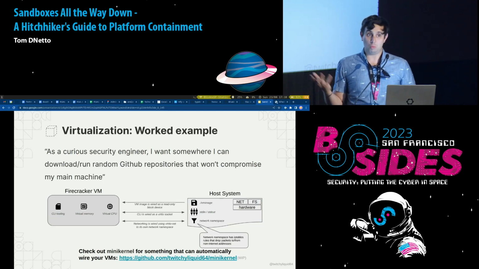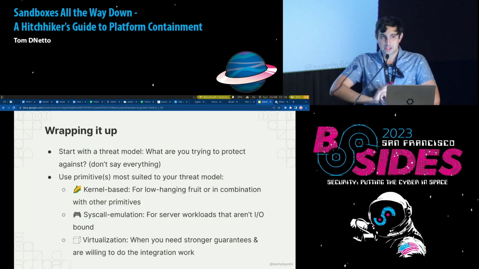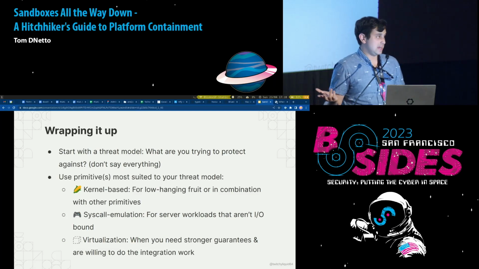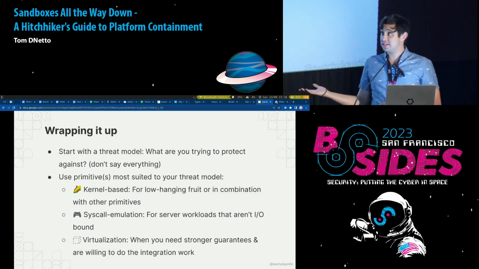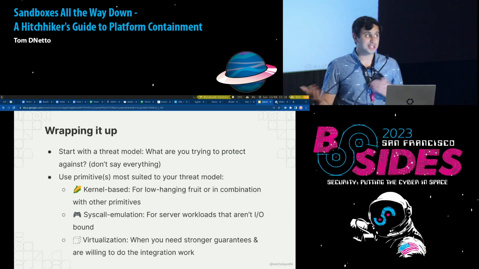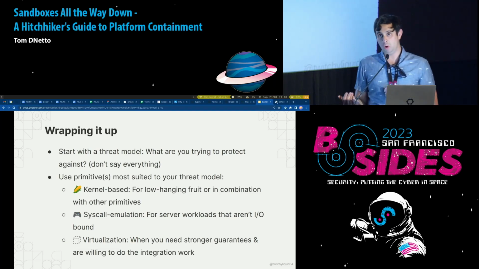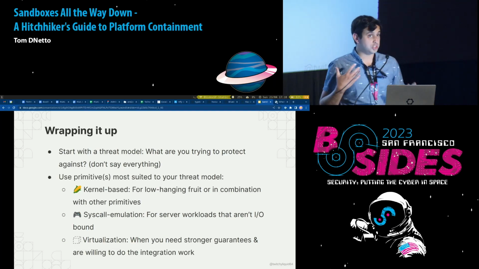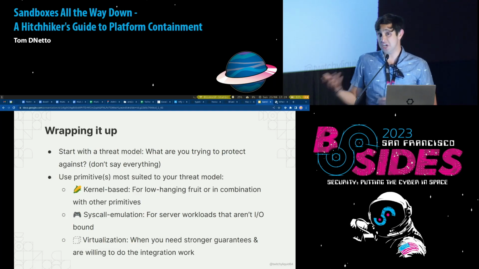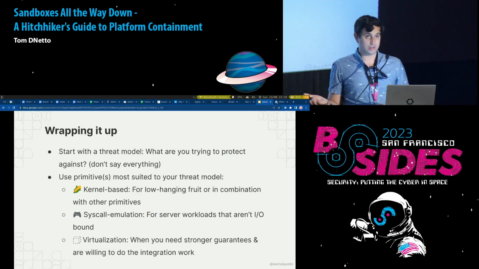But yes, this is one of the harder parts of using VMs. So let's put it all together. We have three main techniques we've talked about today. Kernel-based sandboxing, which is perhaps the easiest to deploy, but also doesn't really give you the security guarantees you want on its own. Syscall emulation, which is good for server, particularly container workloads using gVisor, but does have performance limitations and doesn't work for everything.